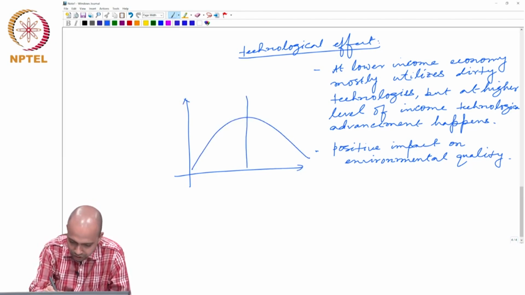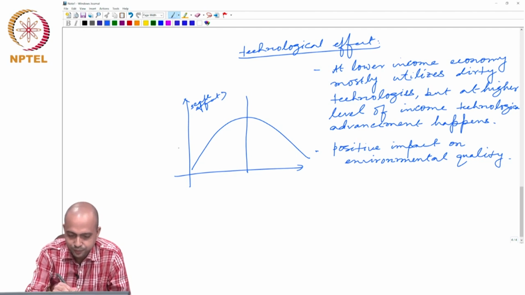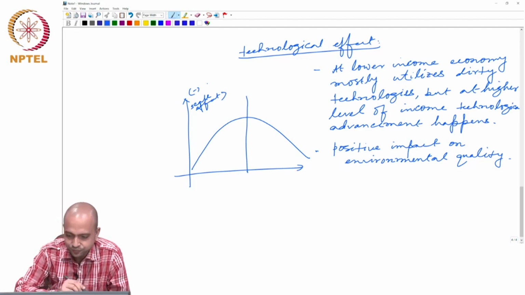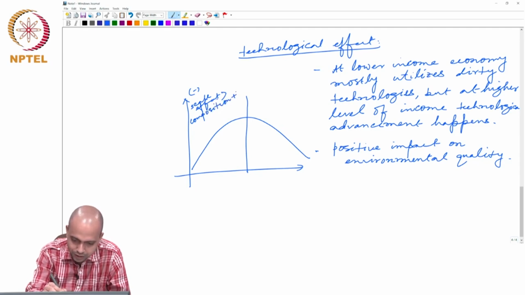Let us say up to this, negative scale effect is greater than composition plus technological effect.